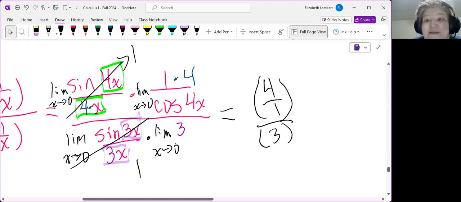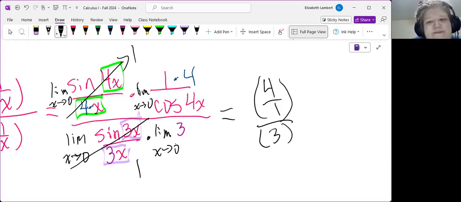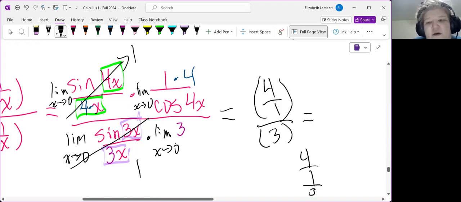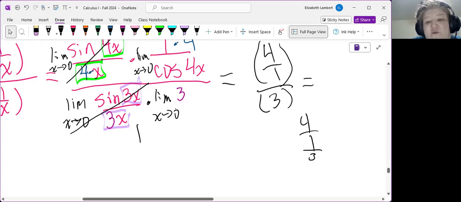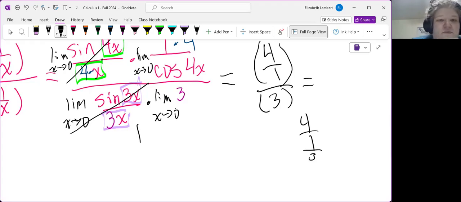This is why mathematicians, as much as we play around with complex fractions and say they're cute, we don't really like them. And it's this ambiguity. If I just write 4 over 1 over 3, did I mean 4 divided by 1/3? Or did I mean 4 over 1 divided by 3? Because they're not the same. So let's be very clear.